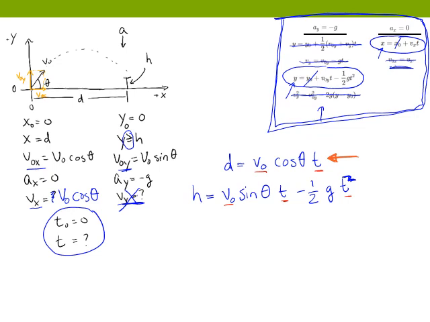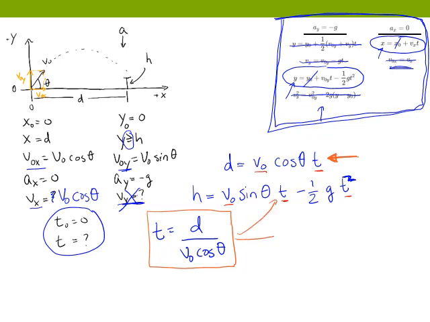So let's solve that. We get time is equal to my distance divided by v naught cosine of my angle. Now that I've got my time in terms of things I care about, I can plug it into this second equation everywhere I see a t.